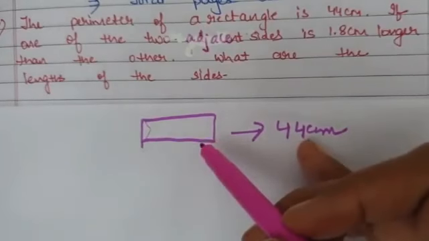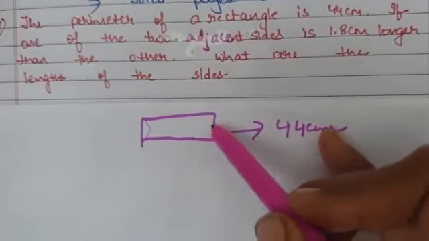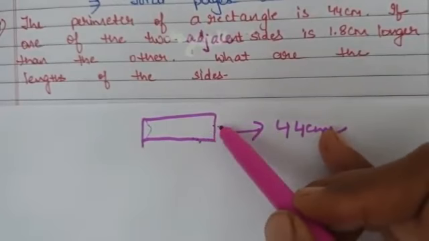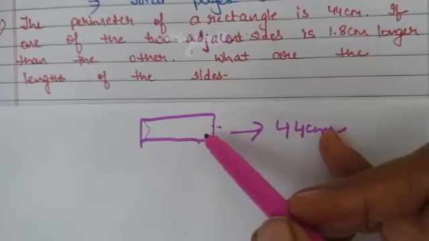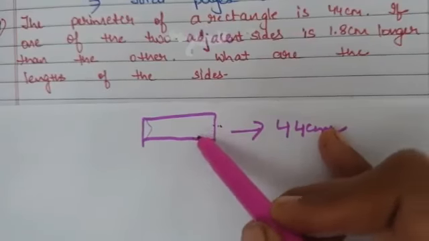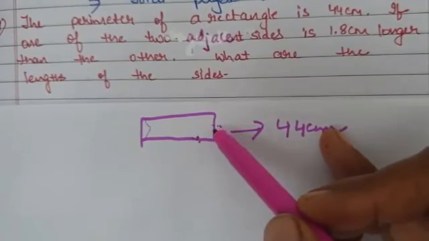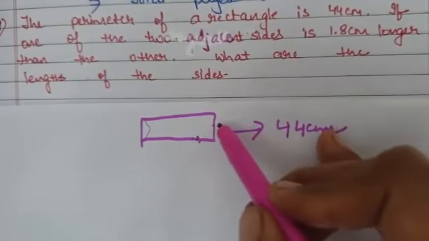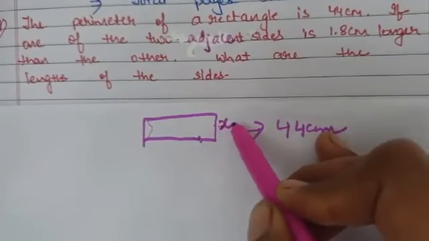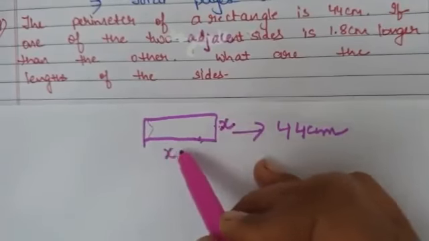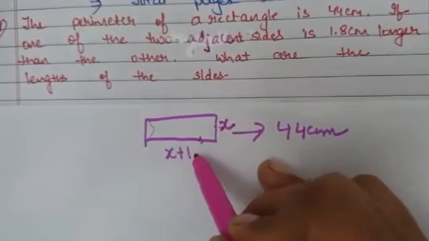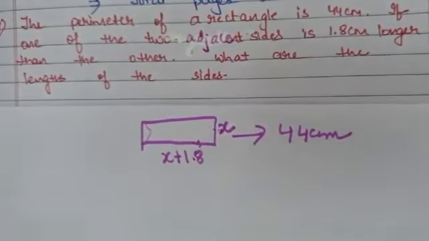Now they are saying these are two adjacent sides. Now if one adjacent side is 1.8 centimeter longer than the other, suppose this is x. This will be x plus 1.8. Clear?